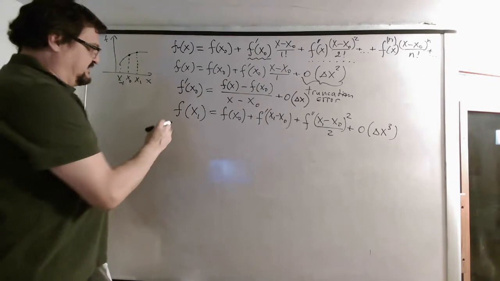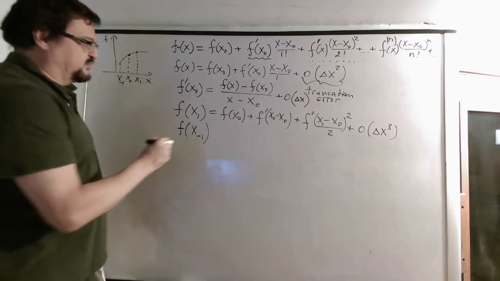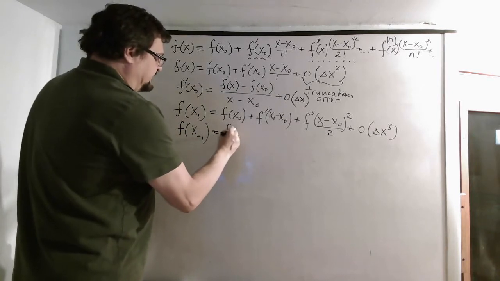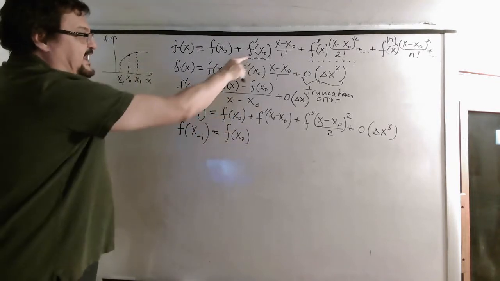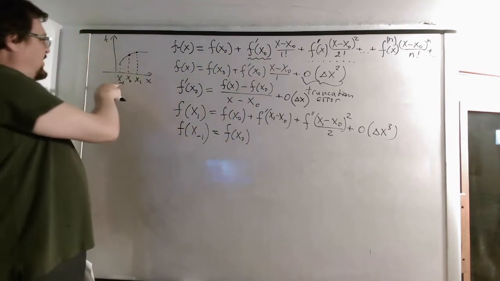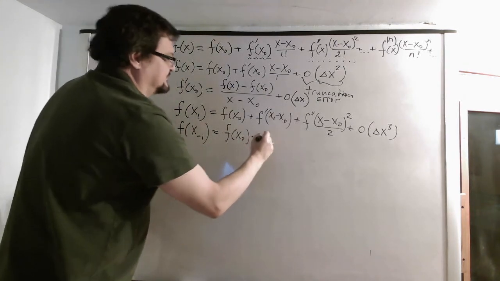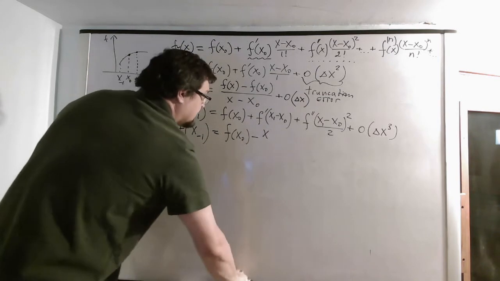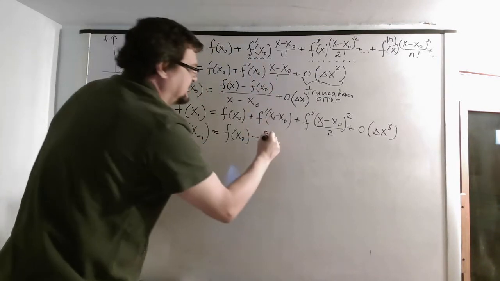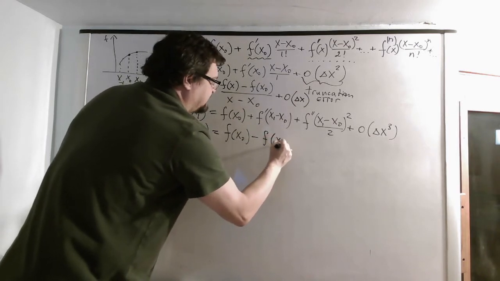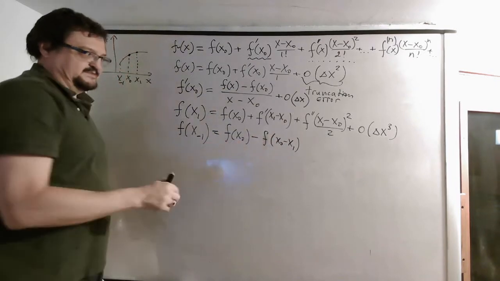This is the first equation. Second, we need to write for point x minus 1, it's equal to f(x naught) again. Now, this one should be x minus x naught, so our x becomes x minus 1. So it becomes minus, still the same derivative because this derivative is at x naught. But this guy becomes x naught minus x1, and there is a minus sign here so that we keep this term positive.